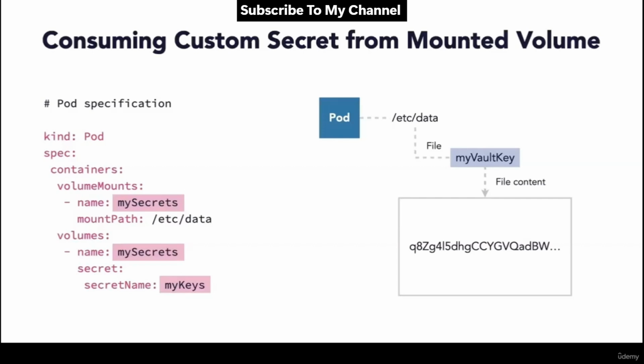This will show up as my vault key under your mounted volume. On a side note, although secrets are stored in etcd store in encrypted form, when consuming the secret via volume or an environment variable, the secret is stored in its original form and not in the base64 encoded form.